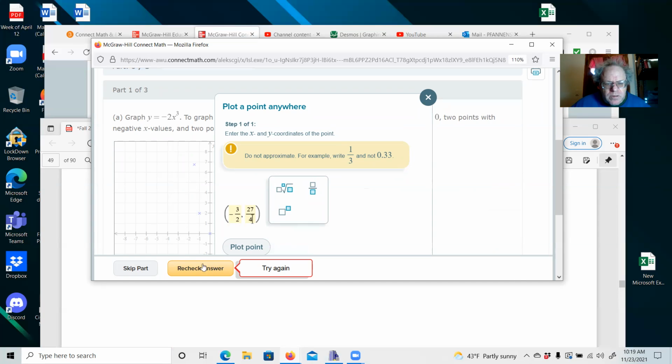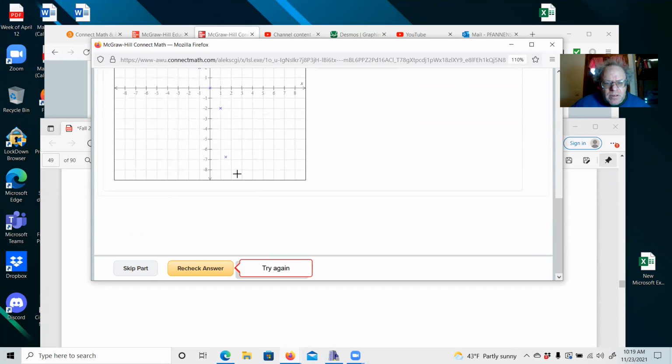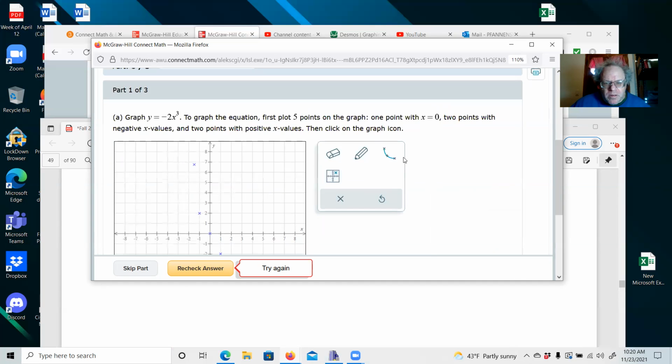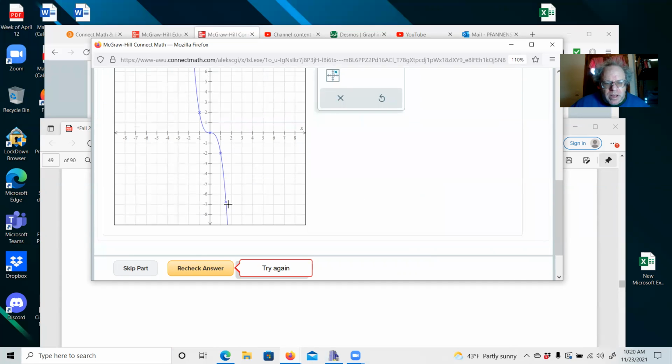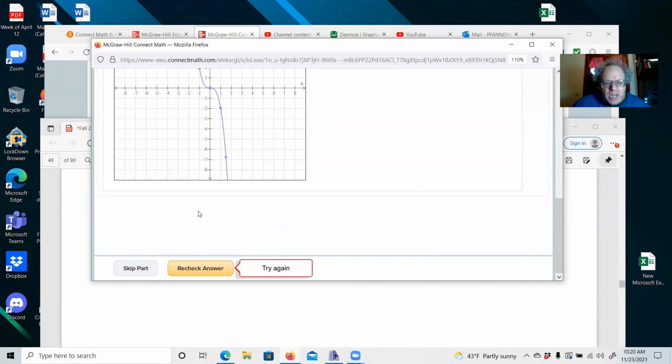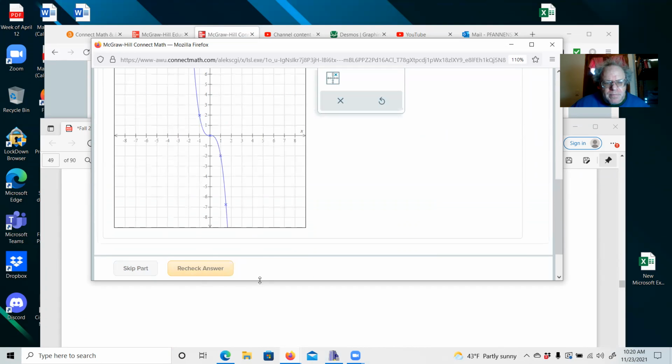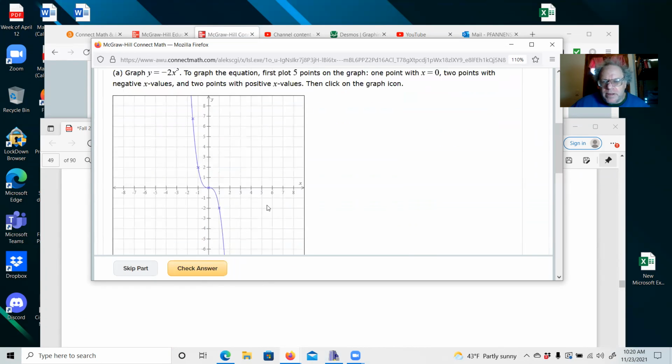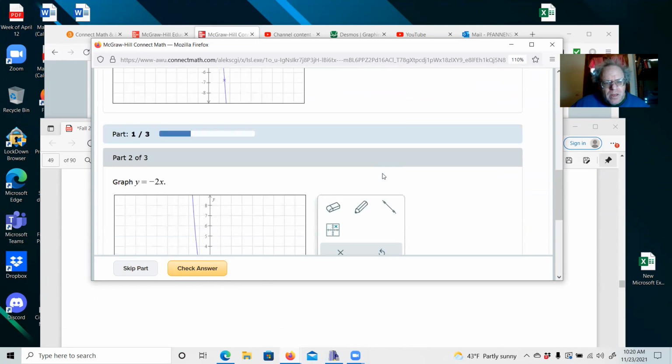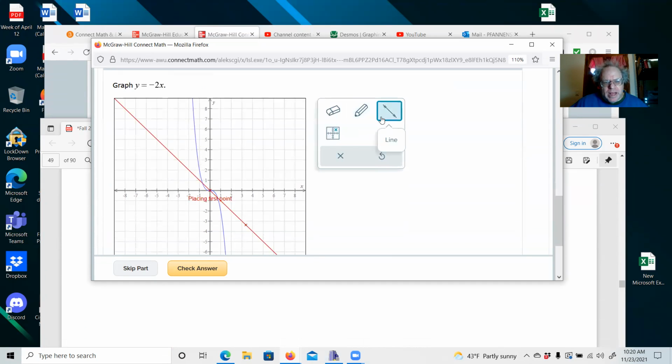What did I just plot? All right, let's see what we have. Okay, there we go. That looks a little bit better. Boom. And we'll say recheck. All right, it's happier. Then graph negative 2x.